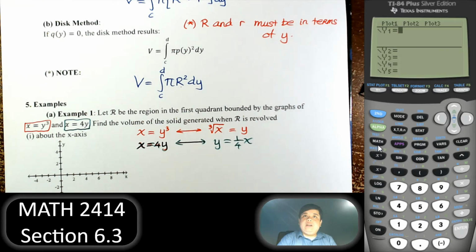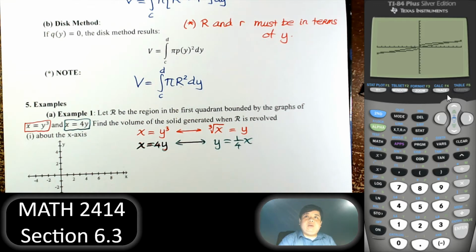Cube root of x, and then 1/4 x. We don't really need the parentheses there, but so we're talking about that is the cube root of x, and that is 1/4 x, and this is only in the first quadrant.